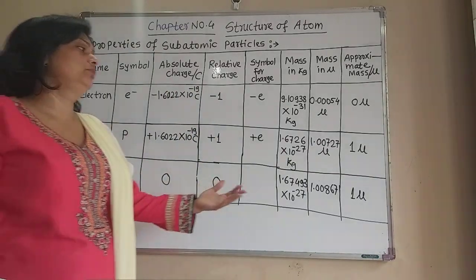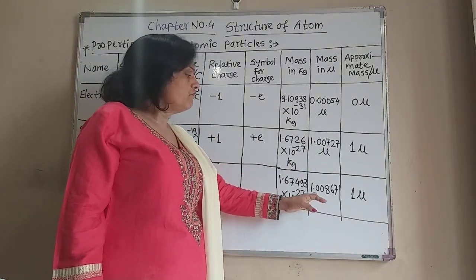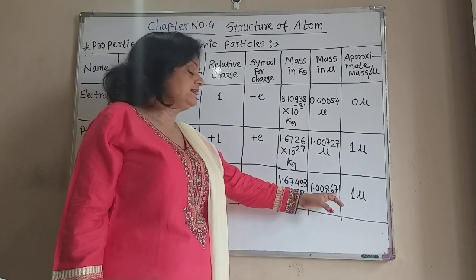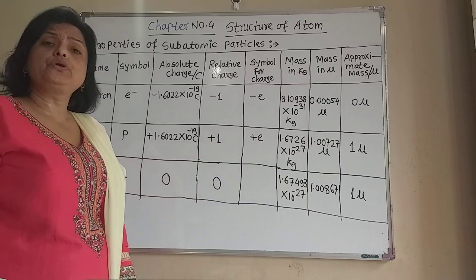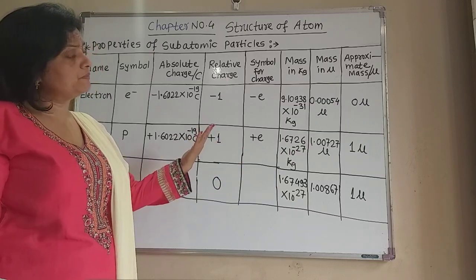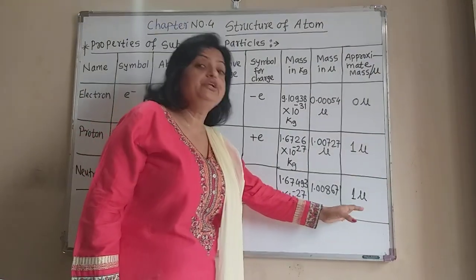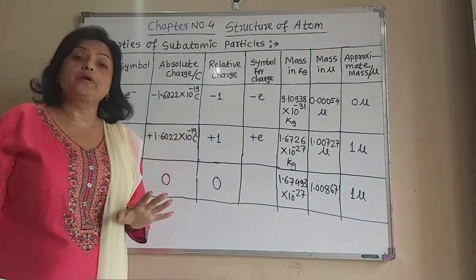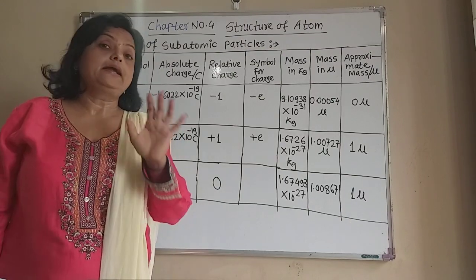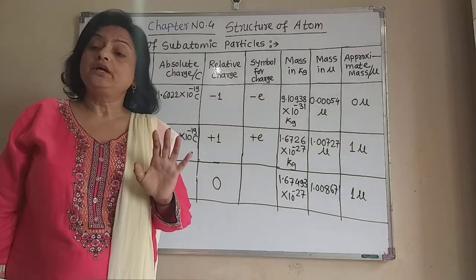And similarly in the unified unit, it is 1.00867 unified unit. As it is 1.00867, it is also approximately taken as one unified unit. Now these are the properties of the subatomic particles of the atom: electron, proton and neutron.